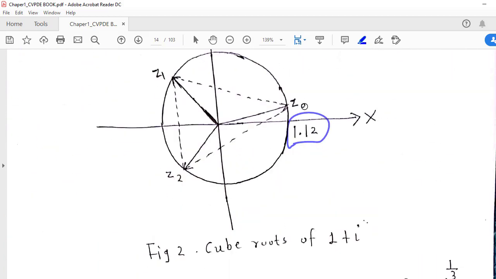So you have to draw this vector in such a way that it makes an angle pi by 12 with the positive x-axis. This angle must be pi by 12. Pi by 12 means half of pi by 6.